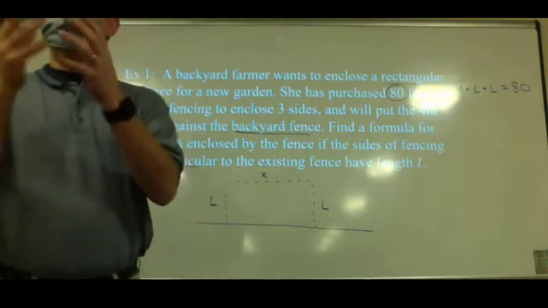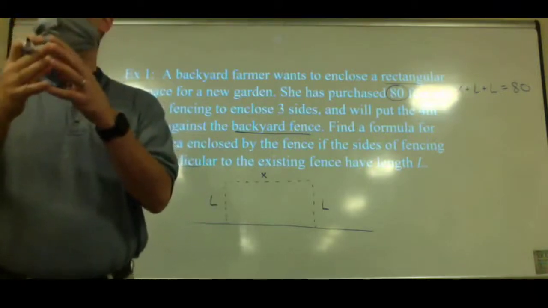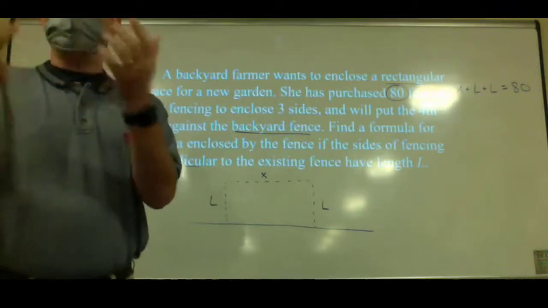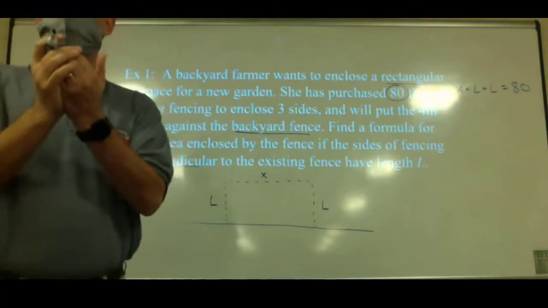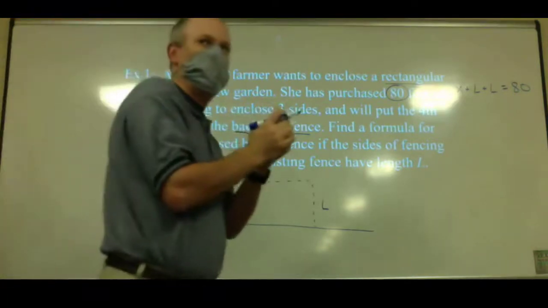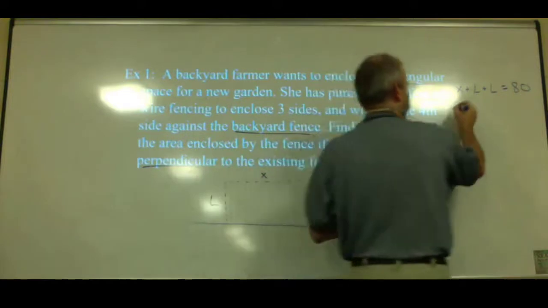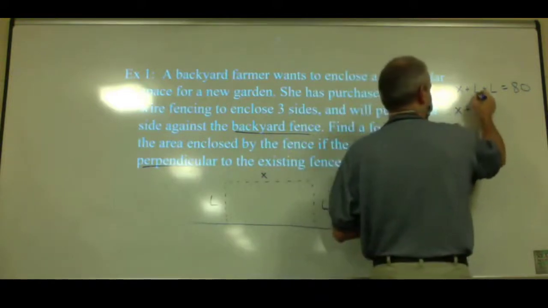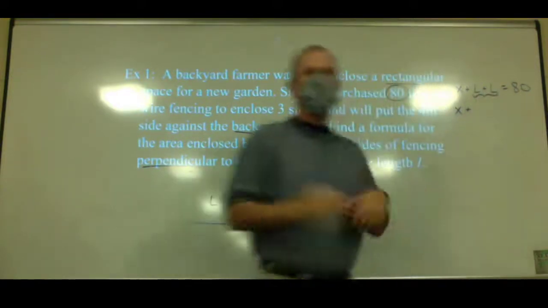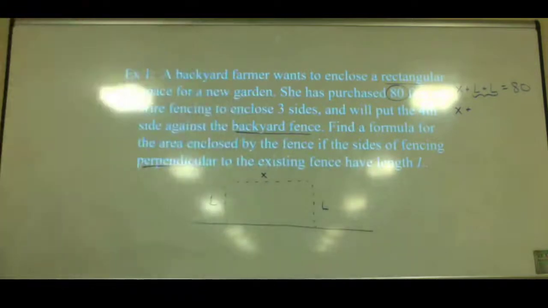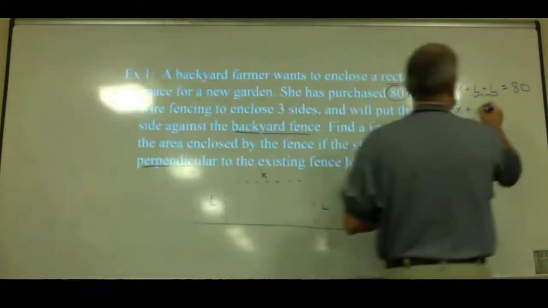Now, we can combine them. What's L plus L? What do we get when we add things like that? Well, I don't mean a number. I just mean what happens when we add two variables like that together, L plus L. If we add them, it's 2L. So L plus L is 2L.